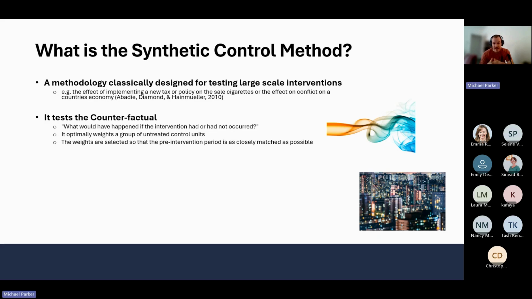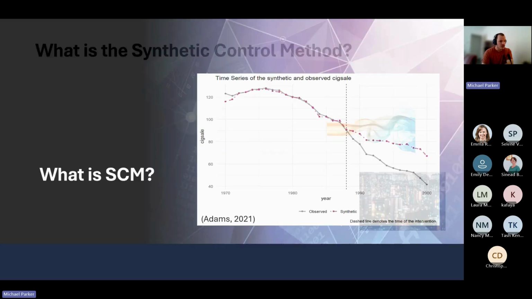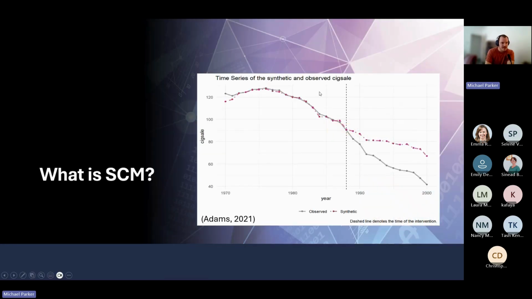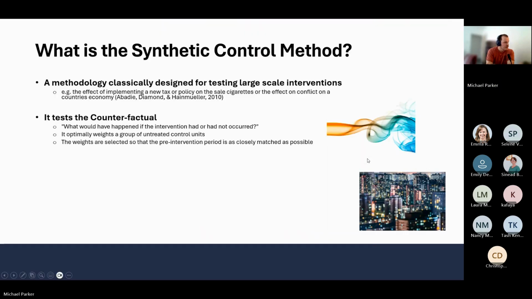And the weights are picked based on the pre-intervention period. So if we go back one slide, the weights are based on everything left of this intervention line, so that when we're observing the effect, we're not observing any of the maths that we put in. We're just observing the pure modeling that's going on.